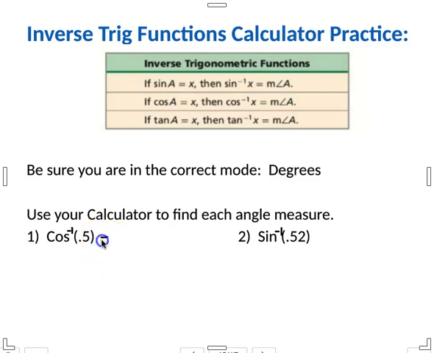When you do that, you should get 60 degrees. This is checking to make sure your calculators are set up correctly. Then go ahead and try to find the inverse sine of 0.52. You should get 31.33.